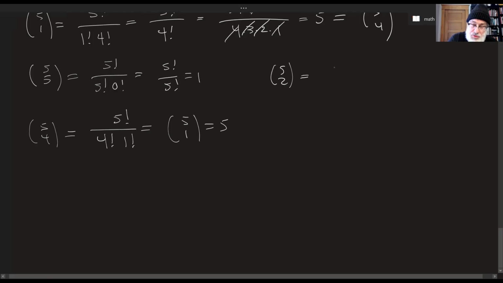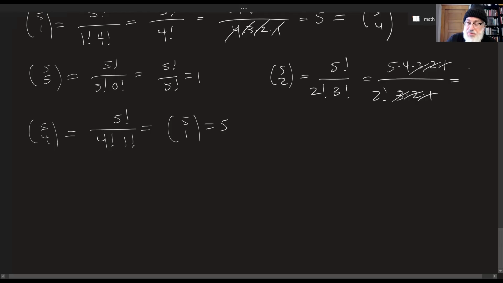So 5 choose 2 is 5 factorial divided by 2 factorial times 5 minus 2, which is 3 factorial. When we do the cancellation, I'll write it out literally. I'm just going to write 2, and then we have 3 times 2 times 1. So this cancels. Now 5 times 4 is 20 divided by 2 factorial, which is 2.